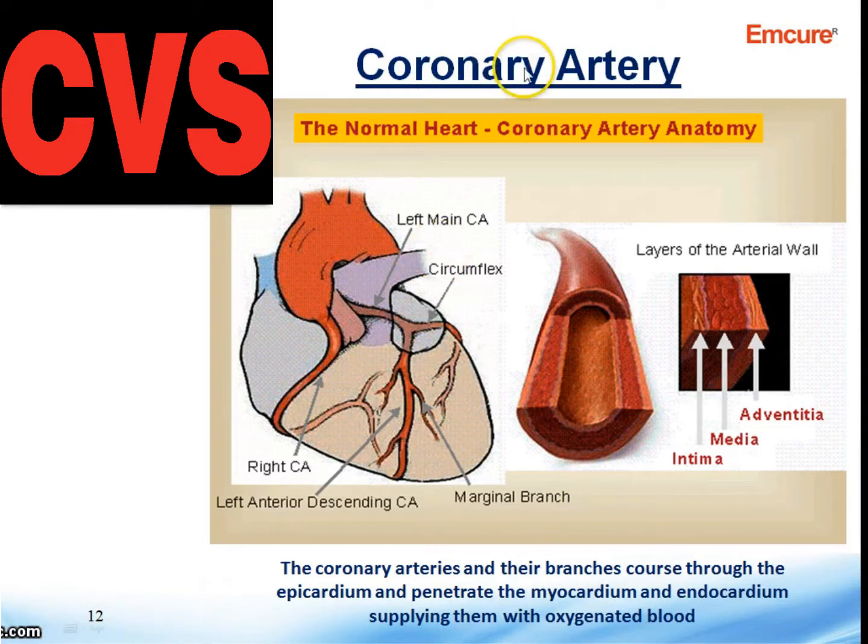Now it is from the arch of the aorta that the major coronary trunk comes out, and it divides into the right coronary artery and the left coronary artery. The right coronary artery further divides into 2 branches, the marginal branch, and the one which supplies the posterior half of the heart, called the posterior interventricular branch.